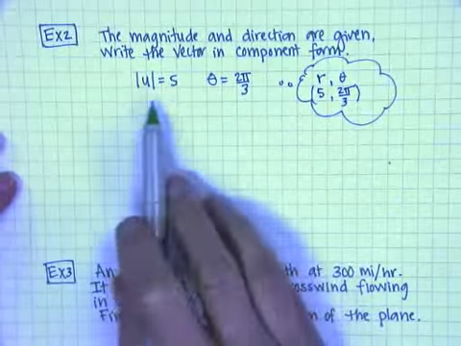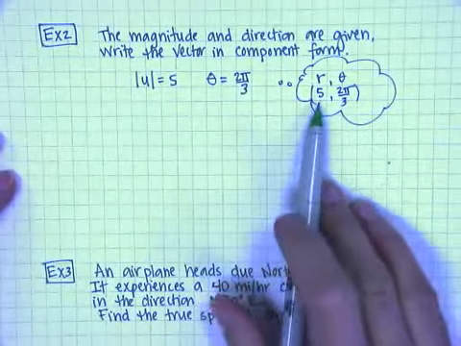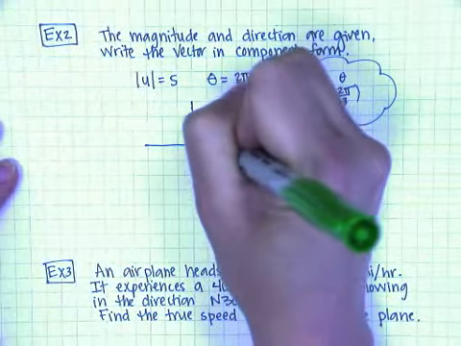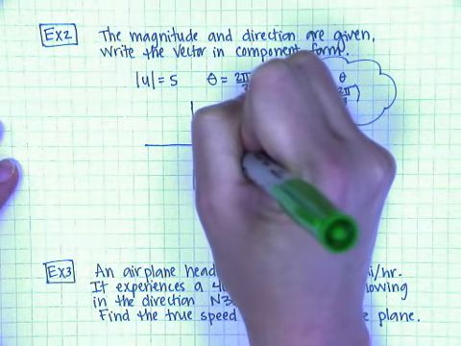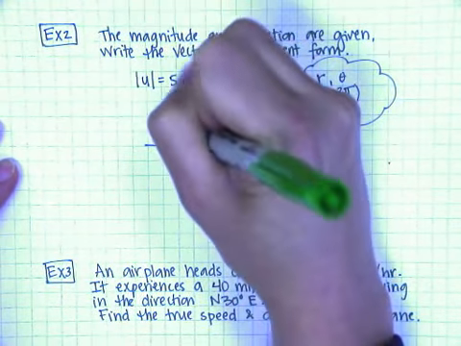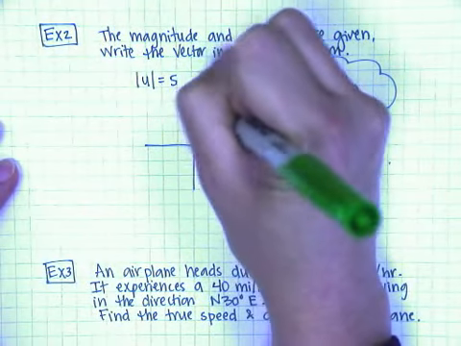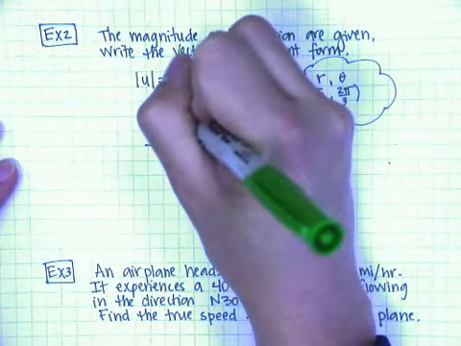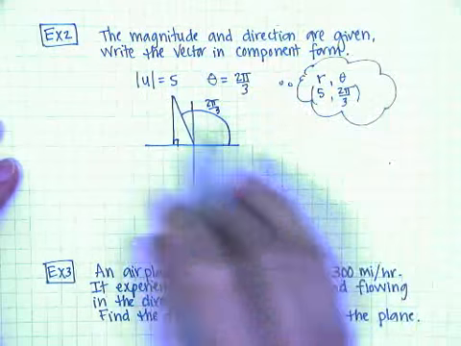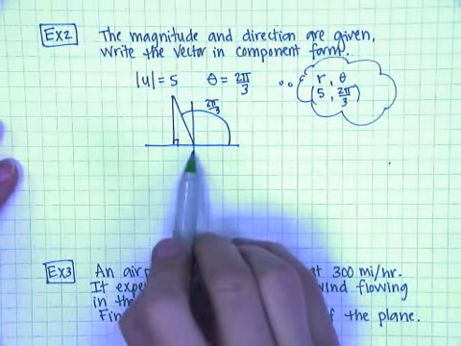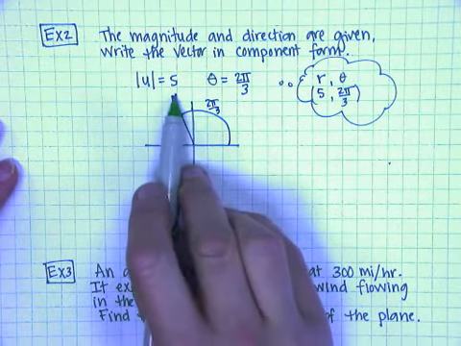This is how it sort of comes to play that vectors are a lot like polar coordinates, because what we figure out this vector is we're going to rotate 2 pi over 3. We're going to go out 5. And then to put it in component form, what we really want to know is how far did we go back and how far did we go up.